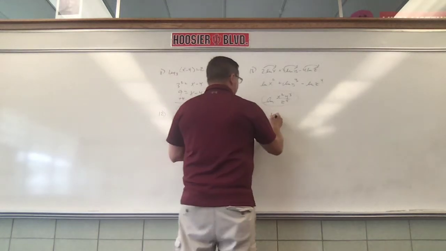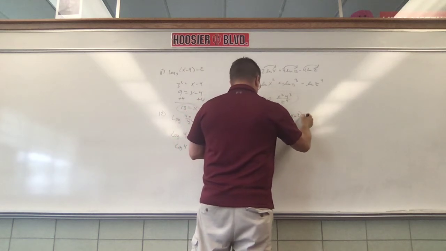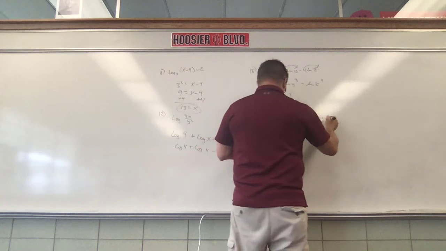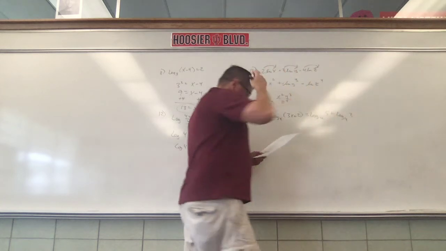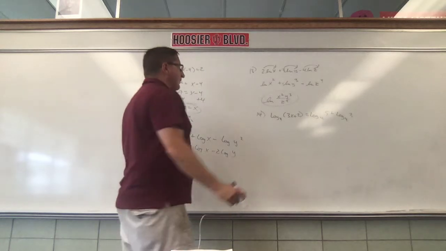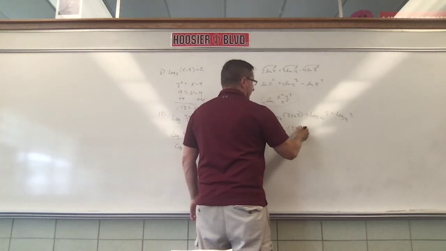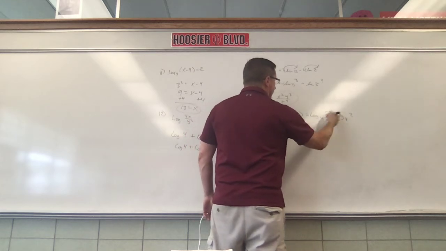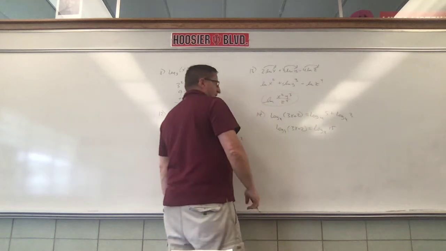Solve. Log base 4 of 3x plus 2 equals the log base 4 of 5 plus the log base 4 of 3. Okay, so let's do this. I can simplify this side. The log base 4 of 3x plus 2 equals, when we add, we times, so the log base 4 of 15. 3 times 5 is 15.